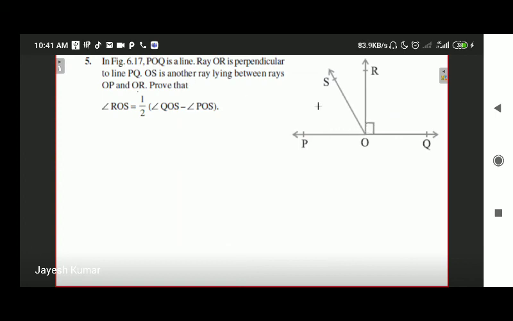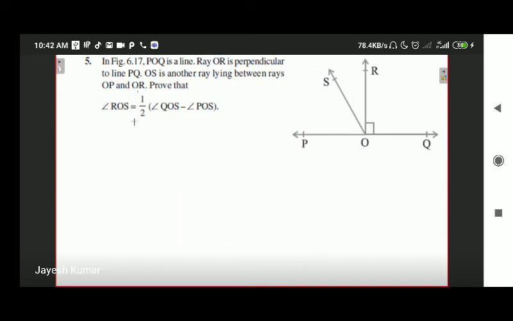Now there is a random ray OS between ray OR and line OP. What we need to prove is that OS is not the bisector of any of the angles. Keep that in mind.